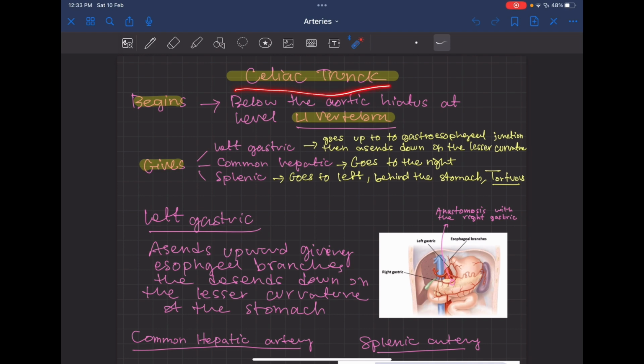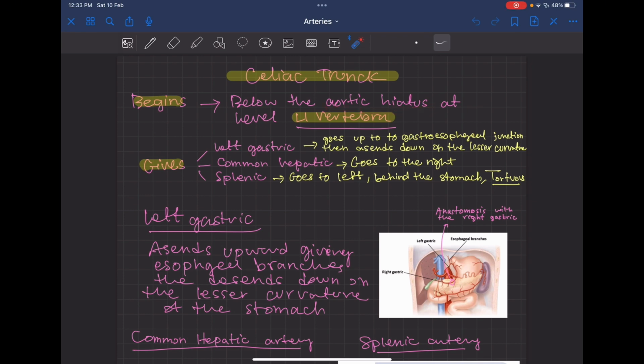In our case, the celiac trunk comes out near the L1 vertebra, and it's a very common exam question that doctors like to ask. And as we remember, it is below the aortic hiatus.